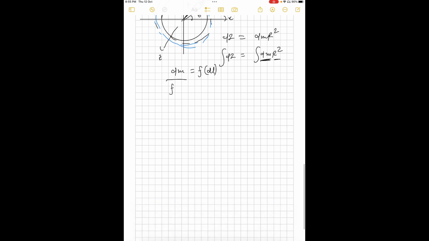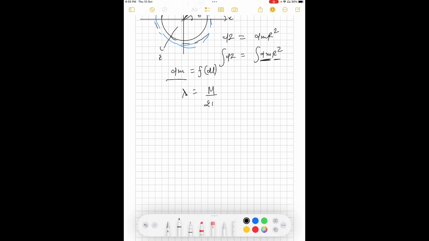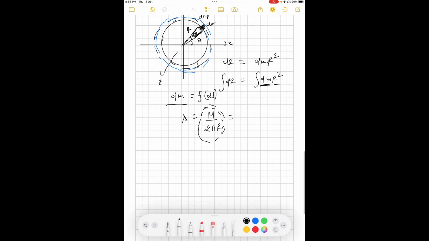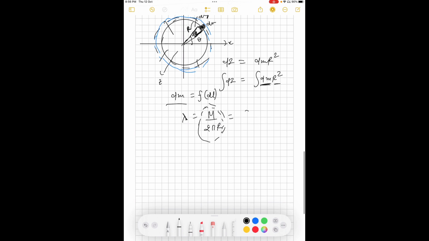So say this ring has the linear mass density lambda, and that will be equal to capital M divided by 2 pi r. And because it is linear, the mass density is the same over here, over here, over here. It is all the same. So M over 2 pi r will be equal to dm over dl, and this dl will become r d theta.